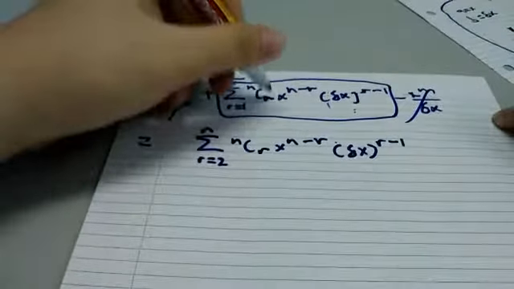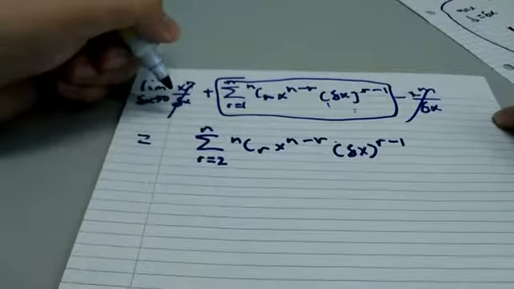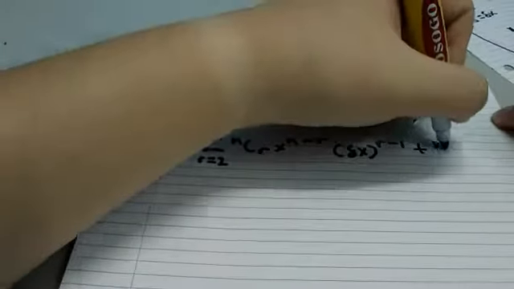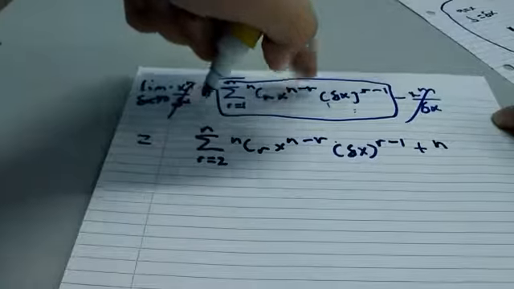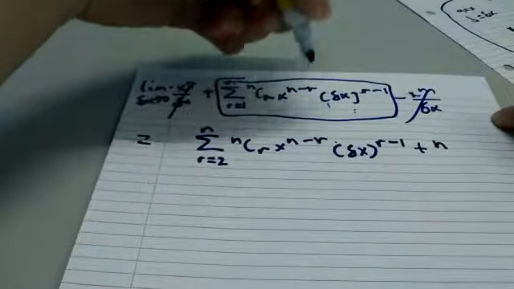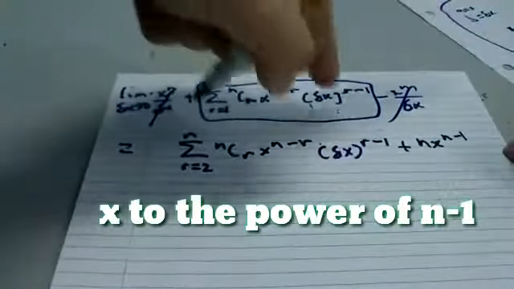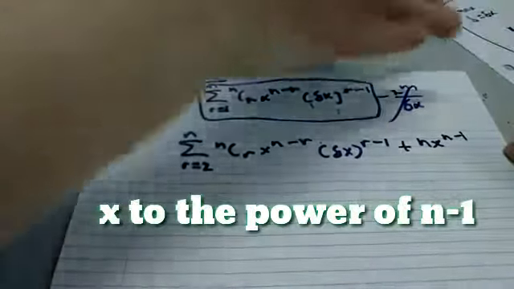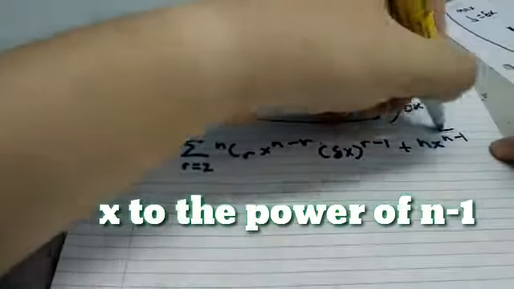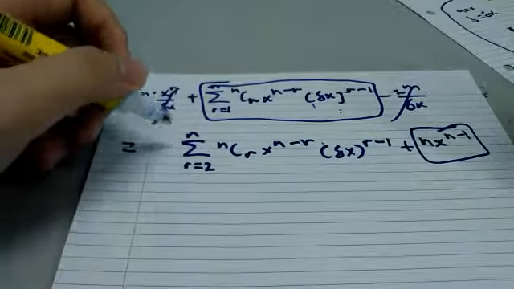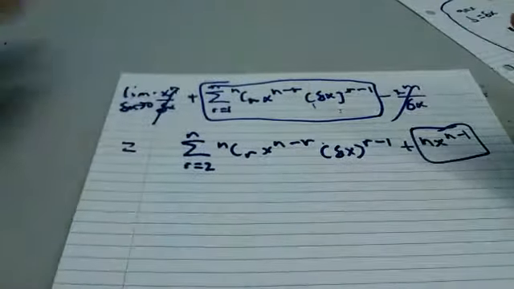Now NC1 is equal to n multiplied by x to the power of n minus r. Now x to the power of n minus r is x to the power of n minus 1, multiplied by delta x to the power of 1 minus 1, which is 0, so times 1. So what I get here is this. Now here's the question: can I straight away plug in 0?